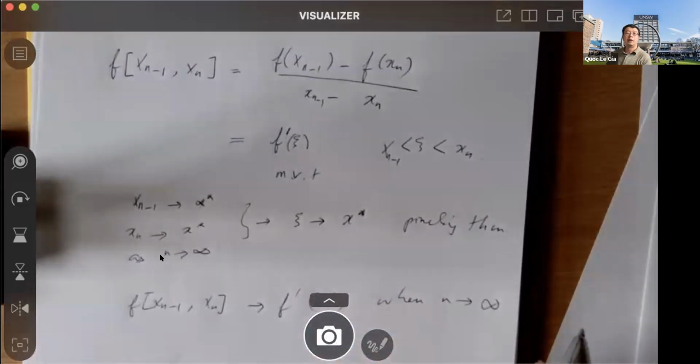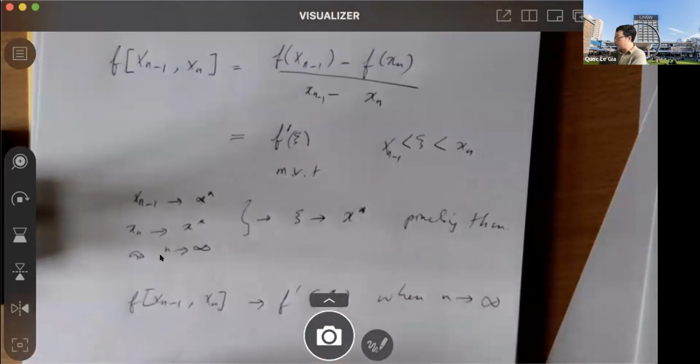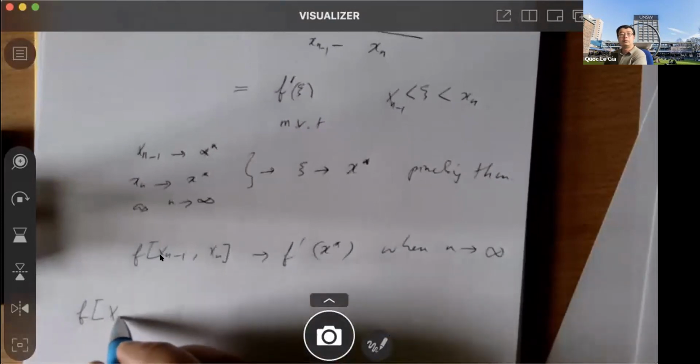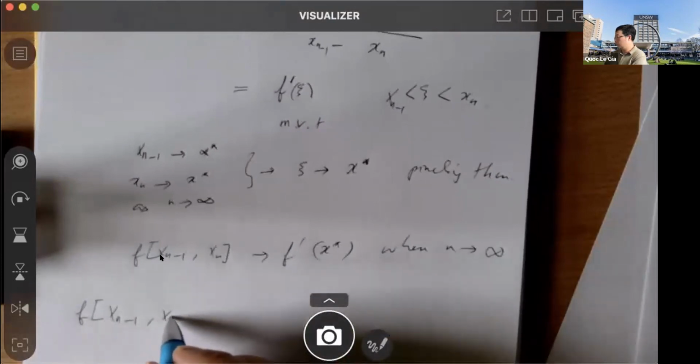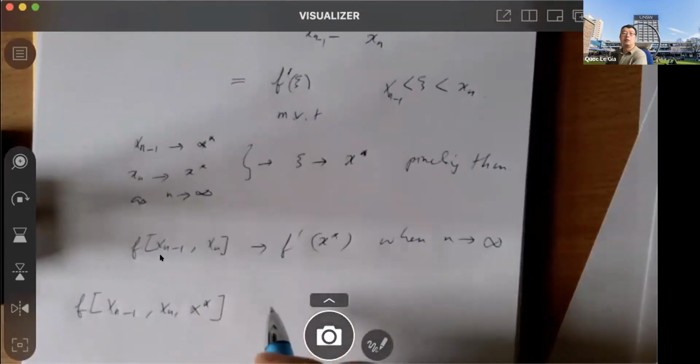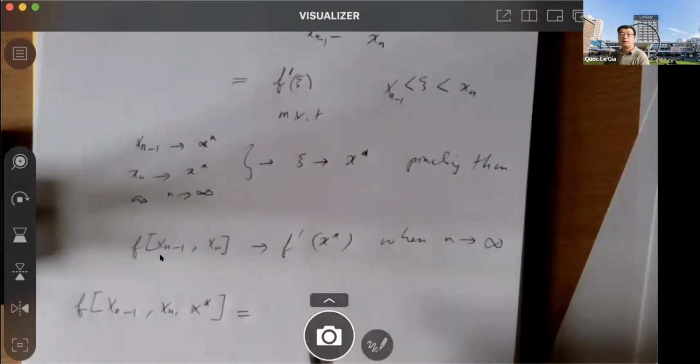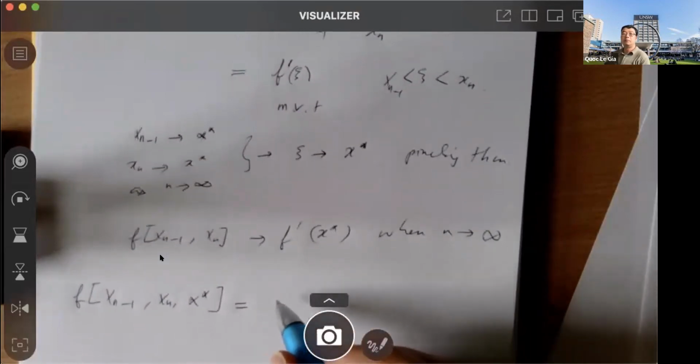Okay, and then the next one is, how about the divided difference over 3 terms? Remember, there is a theorem.